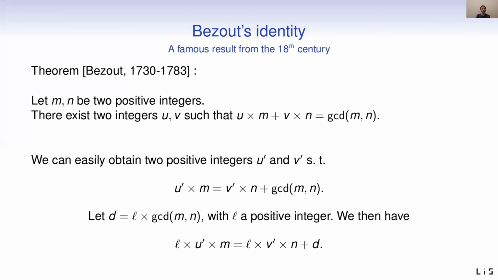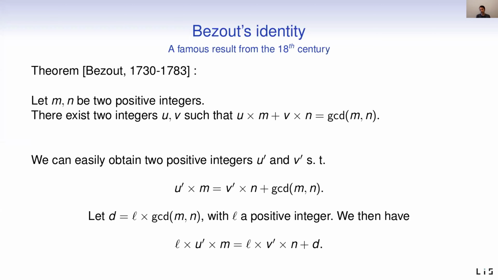Now, Bezout's identity is a famous result from the 18th century. And it states that if we have m and n two positive integers, then we can find u and v such that u times m plus v times n is equal to the GCD of m and n.